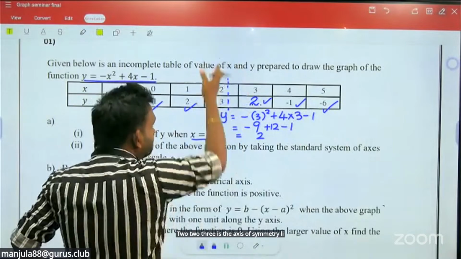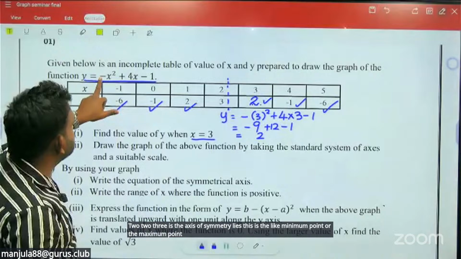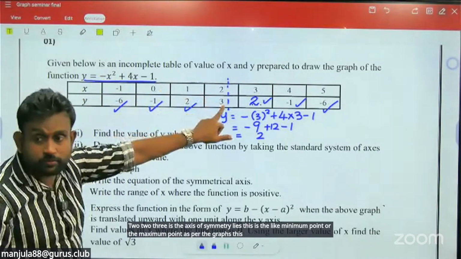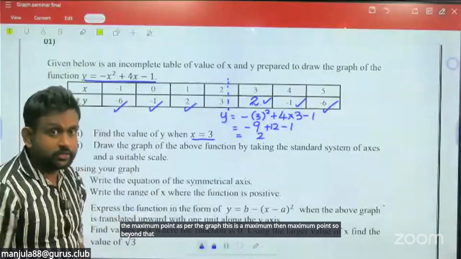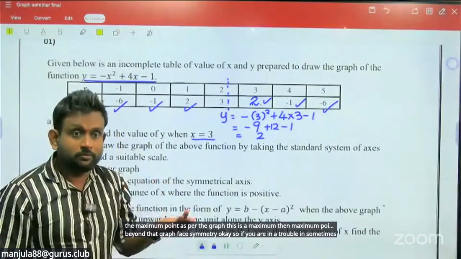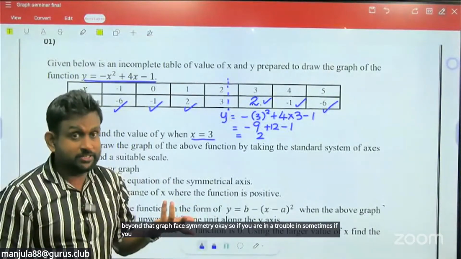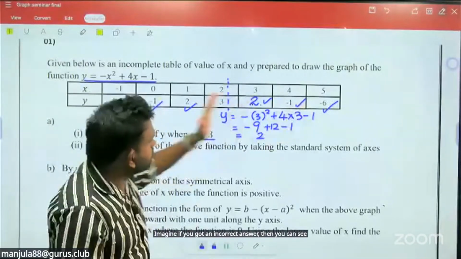This is the minimum point or the maximum point as per the graph. This is a maximum point. Beyond that, the graph is symmetric. So if you are in trouble, if you got an incorrect answer, then you can see that there is a symmetry.